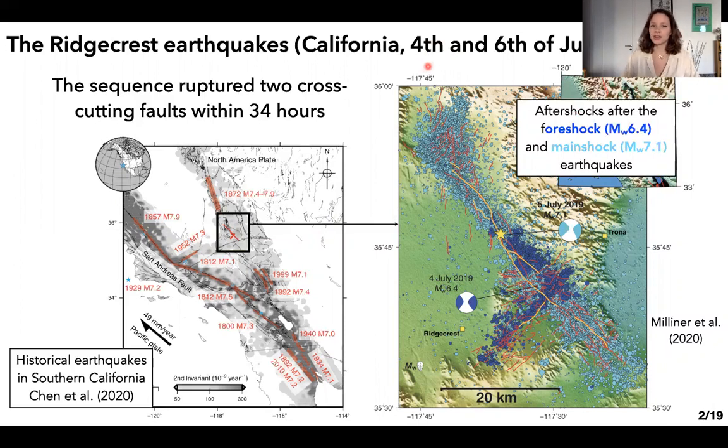And then a main shock 34 hours later of magnitude 7.1 that occurred on the 6th of July. So the sequence ruptured through cross-cutting faults, as you can see on this figure, with two different azimuths within 34 hours. And by analyzing the surface deformation pattern, we seek to have more information on the earthquake mechanism itself.